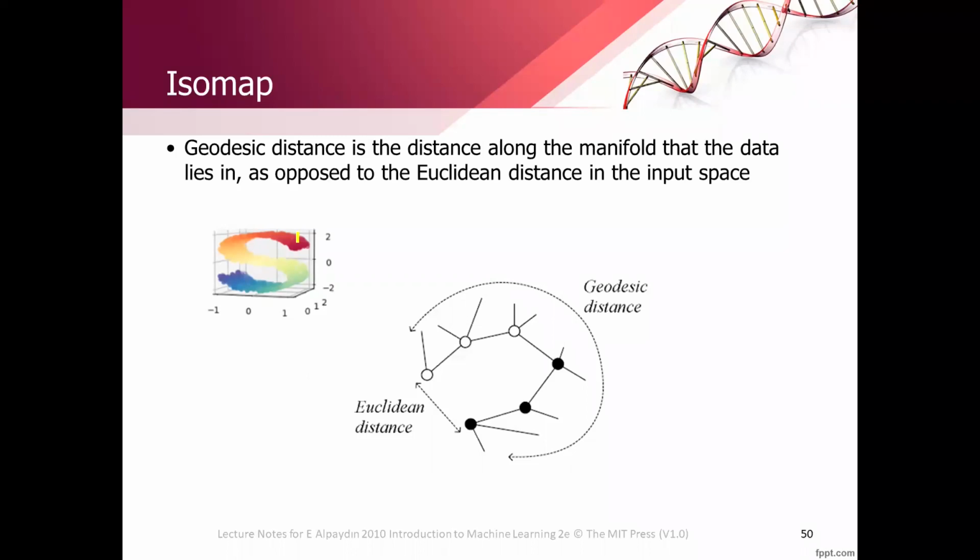But maybe this distance is not natural for the data, because the data were produced by mapping some lower dimensional space into a higher dimensional space. The lower dimensional space can be, for example, a sheet of paper, as in the left picture, a sheet of paper which is bent.